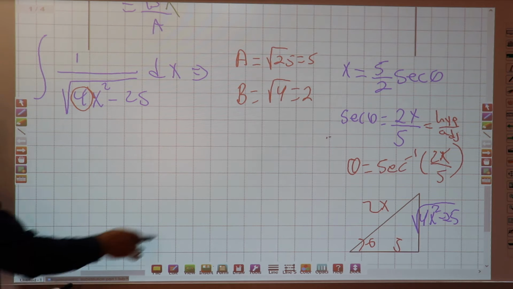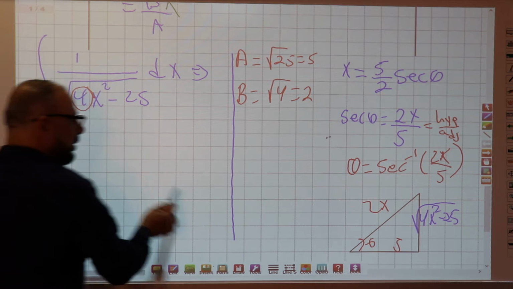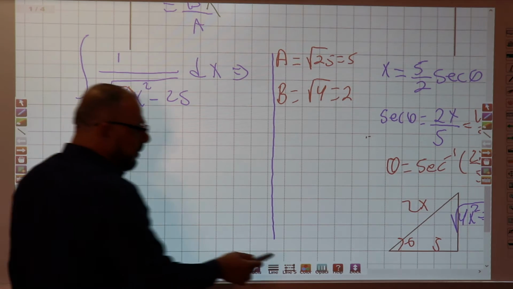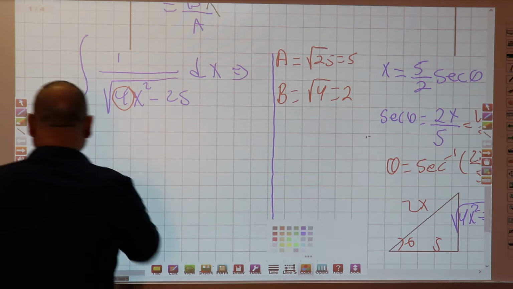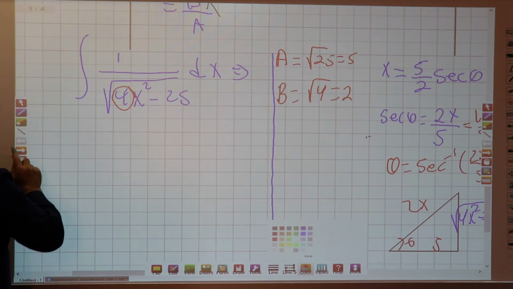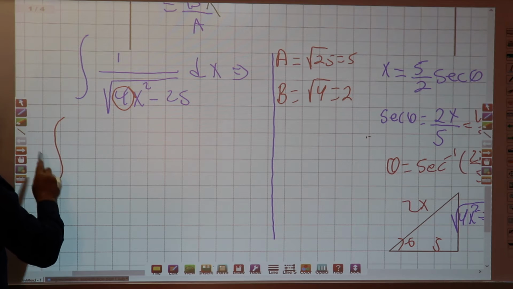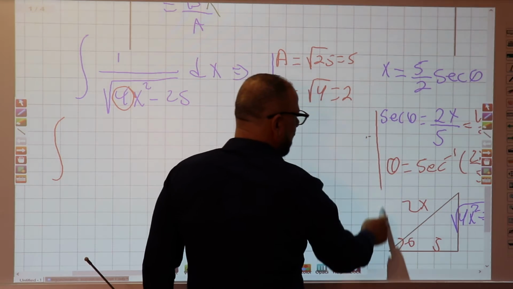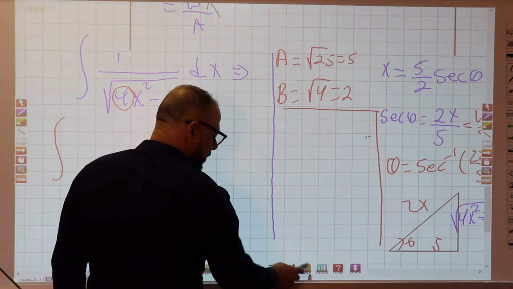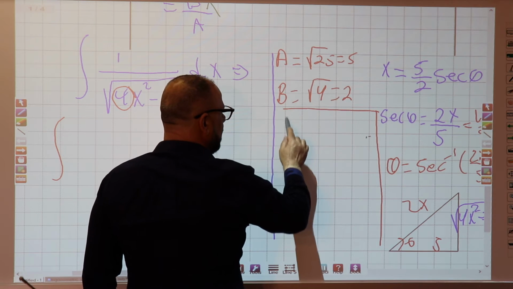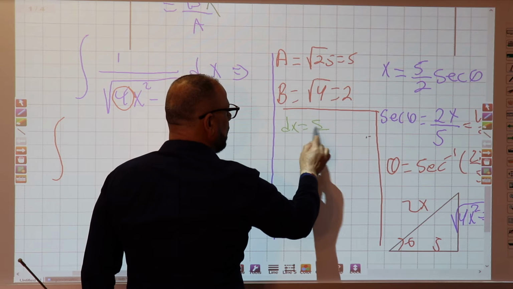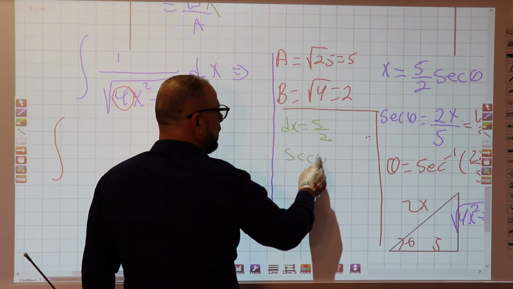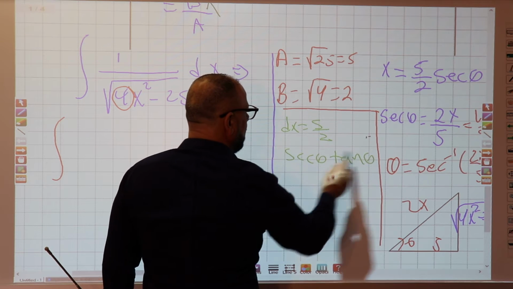Let us go back to the integration. We have all we need here, and our integration is on this side. Just plug in the numbers. dx is dx equals 5 over 2 times the derivative of secant, which is secant theta tan theta d theta.